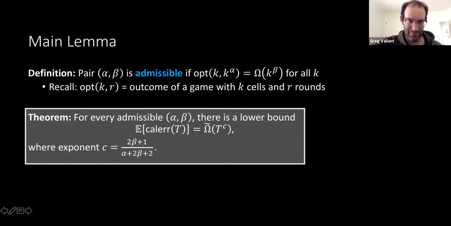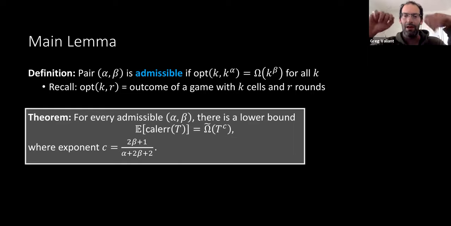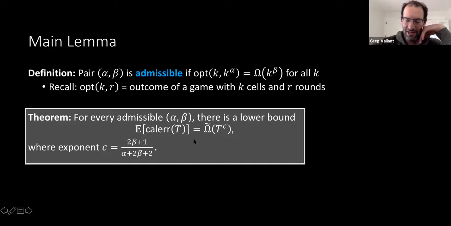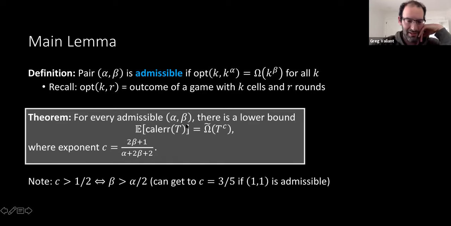The specifics aren't really going to be important, but we say some pair alpha comma beta is admissible if in the sidestepping game, given k squares, where you have k to the alpha rounds of picking arrows, then in expectation the adversary can ensure that there are at least k to the beta arrows remaining, for all k. So given this, if you have an admissible alpha beta pair, this gives you a lower bound on the calibration error that's some function of these alpha and beta.